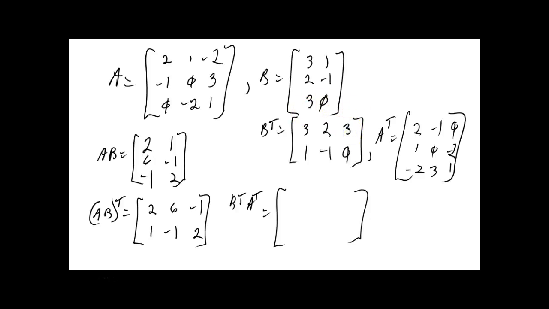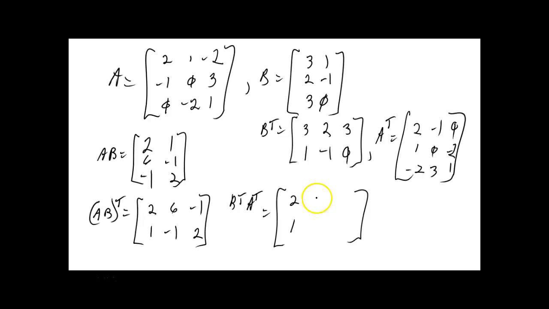So that'd be 6 plus 2, which is 8, minus 6 is 2. Below that would be 2 minus 1, which is 1. Next column here would be -3 plus 3, which is 0.